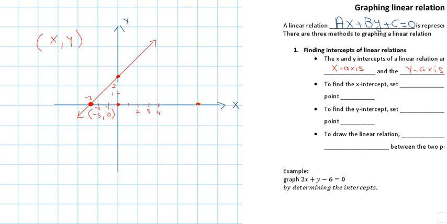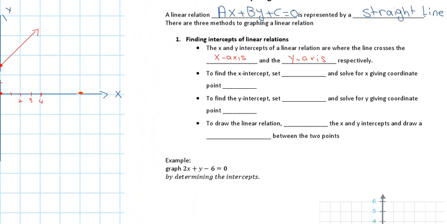When you have an equation, you set y equals 0 and then solve for x, giving the coordinate point (x, 0).